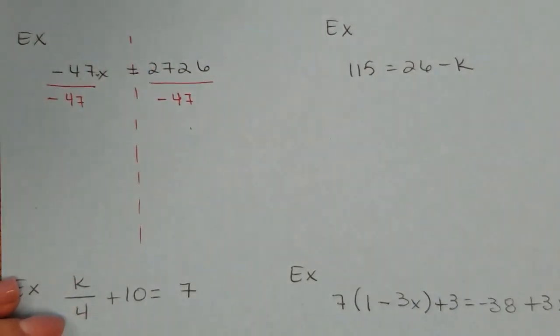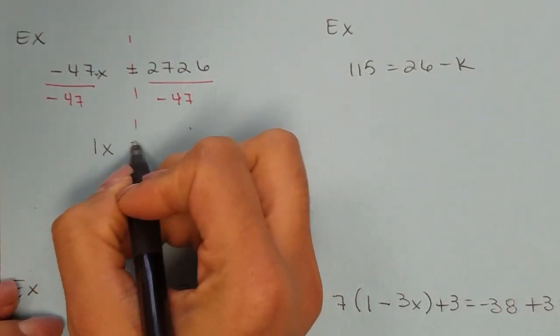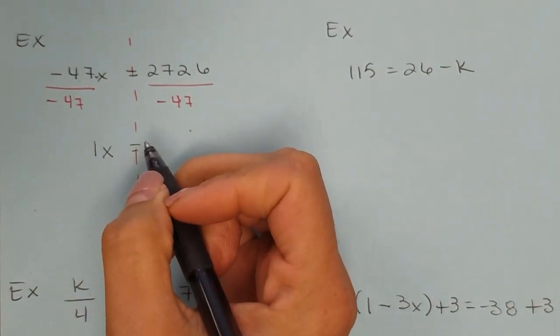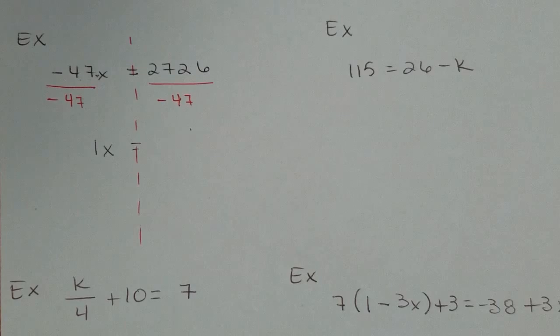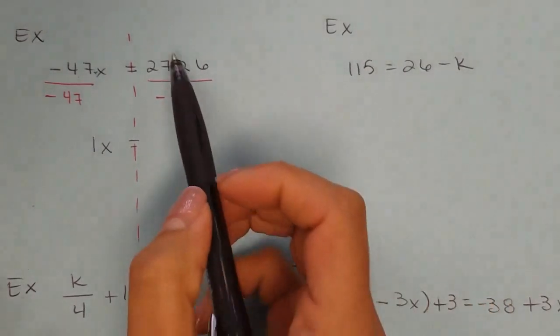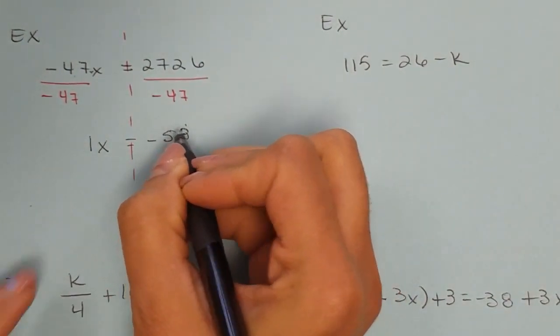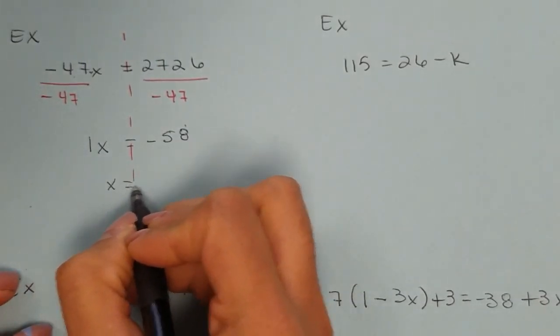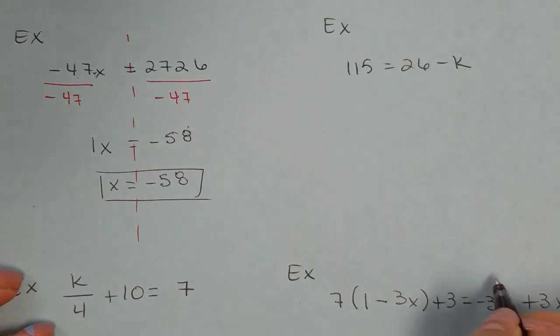So negative 47 divided by negative 47 is positive 1x, equal to 2,726 divided by negative 47, which is negative 58. Sorry if this thing's moving. Okay. So on this side, this is equal to negative 58. 1x is just x, so we have x equal to negative 58, and that's your answer right there.